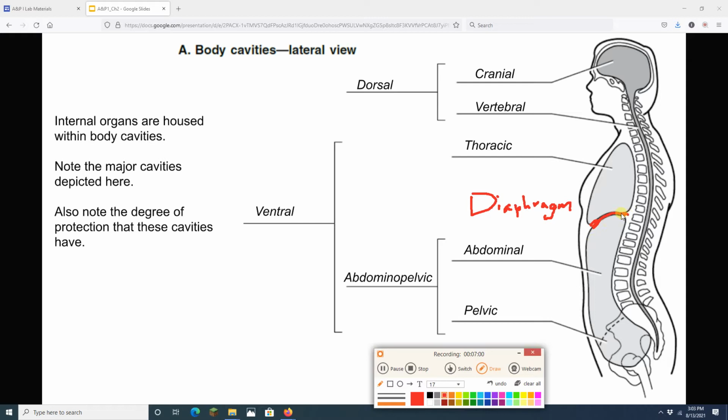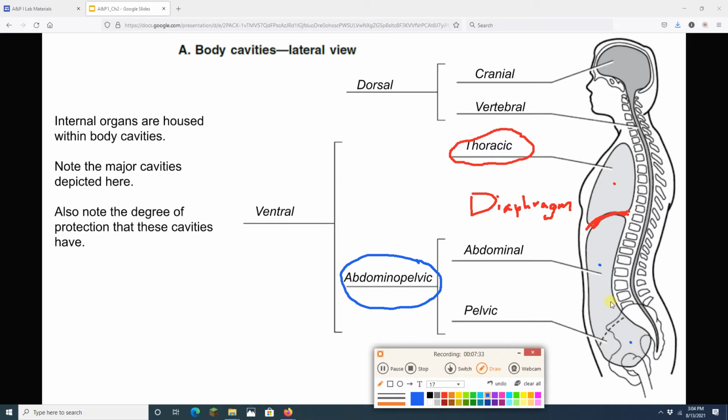And that diaphragm right there, that inspiratory muscle, is going to separate a cavity above, the thoracic cavity, from a cavity below, which is called the abdominal pelvic cavity. And the abdominal pelvic cavity actually has an upper abdominal portion and a lower pelvic portion. And there's no dividing structure separating these things, but we do speak of them as two separate regions.